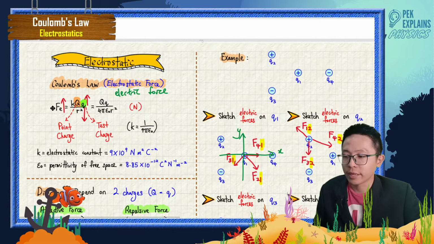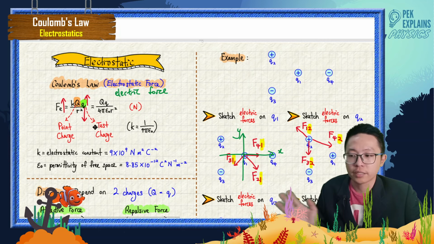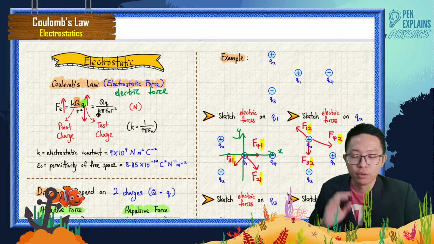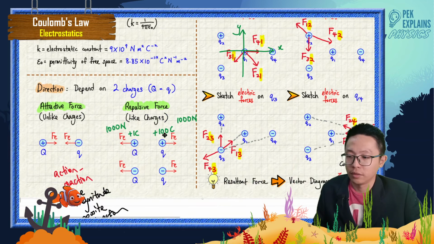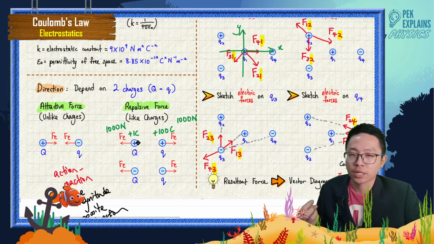Remember that electrostatic force depends on two charges. You must look at both charges, the point charge and the test charge. The force experienced by both charges is the same. No matter whether it is a big charge or a small charge, both of them experience the same magnitude of force.